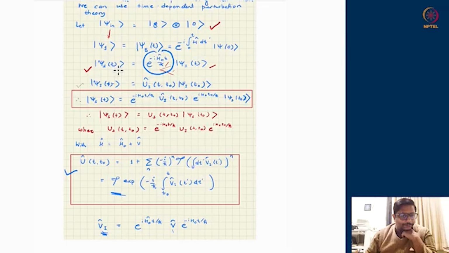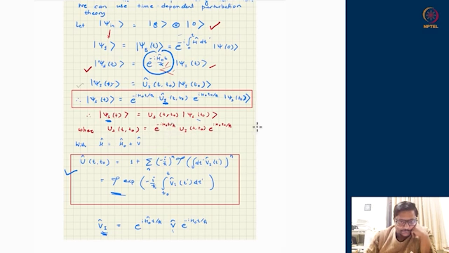This is trivial. Just for completeness, let me write down that the full Schrodinger time evolved state can be obtained from the initial Schrodinger state through this exponential time integral in the exponential, which I can write as U S of t comma t naught, the Schrodinger unitary. Now there is a relation between this unitary of the interaction picture and the Schrodinger unitary, which I have written over here.